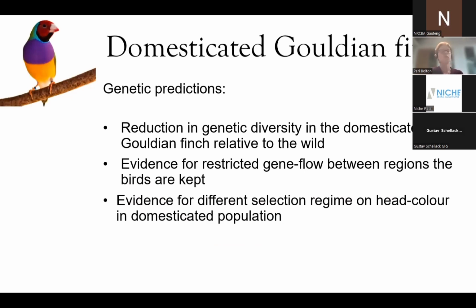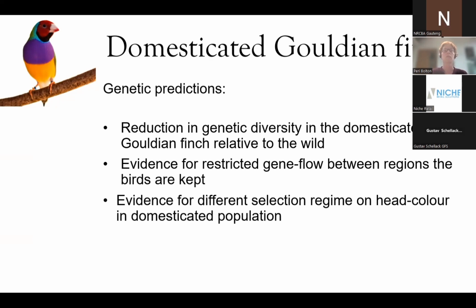So this was all what's going on in domestication more broadly. Now we want to bring that back to the Gouldian finch. How do we think this is involved in the head color incompatibility? Well, we have some predictions about what we expect to see in the domesticated birds.